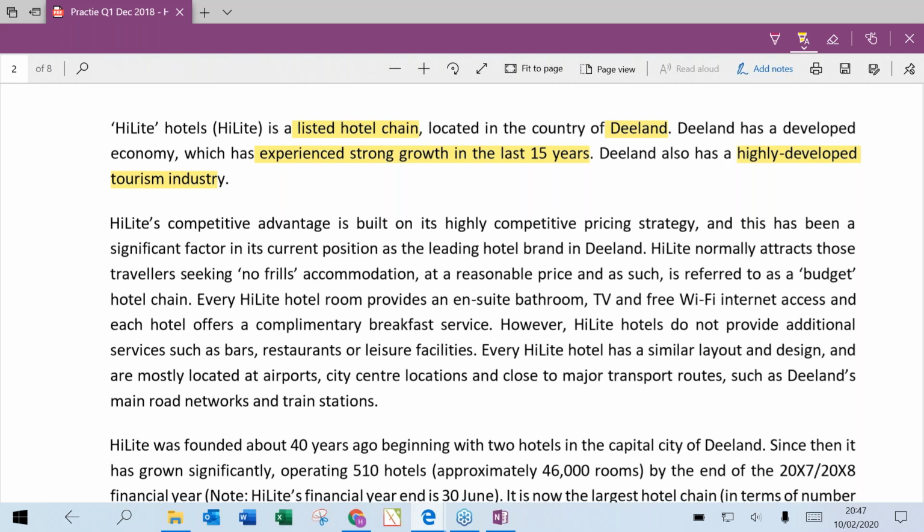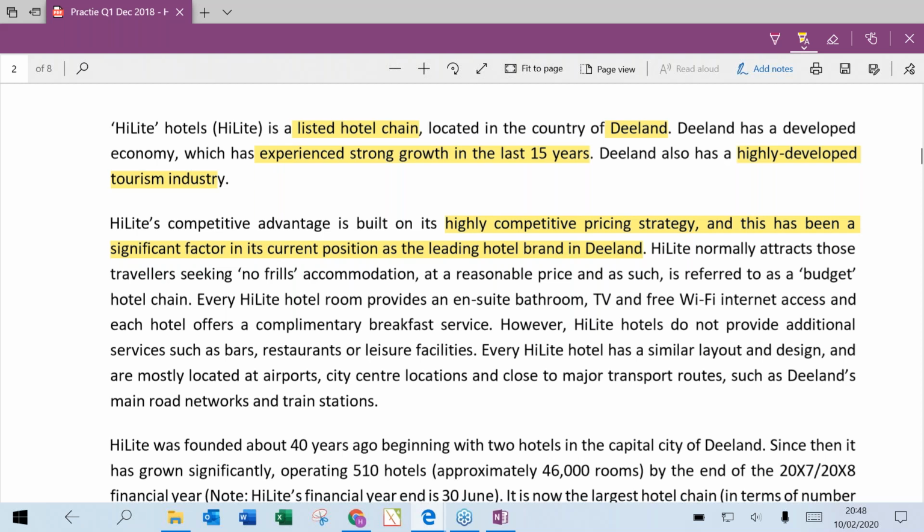Highlight's competitive advantage is built on its highly competitive pricing strategy. And this has been a significant factor in its current position as the leading hotel brand in D-Land. Very, very important, I think.